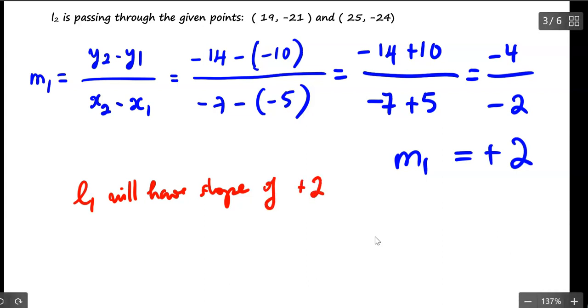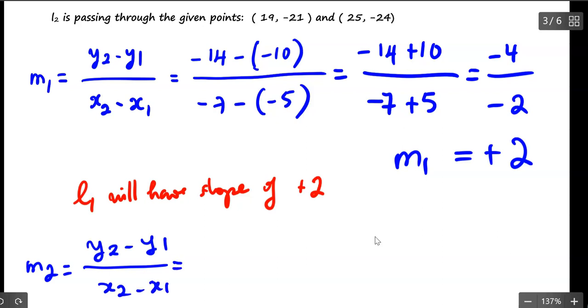Okay, so now I'm going to find m2. So m2 equals y2 minus y1 over x2 minus x1. So I will have to identify the points as well. So I will say this one is x1, y1, x2, y2. So make sure you remind yourself of the coordinates.